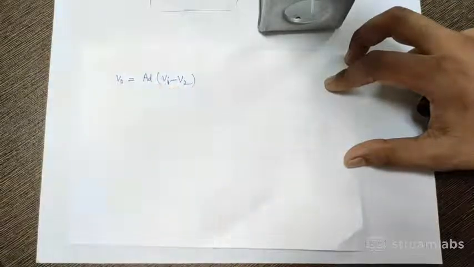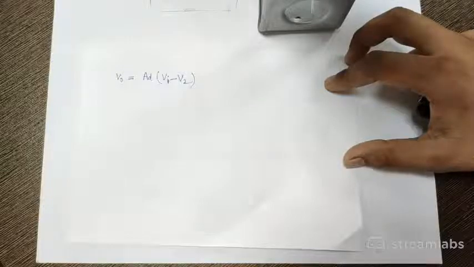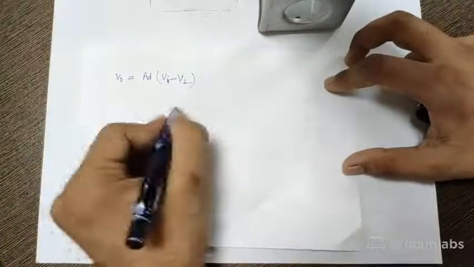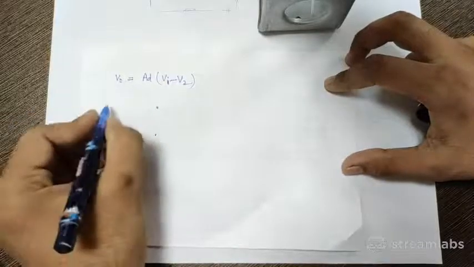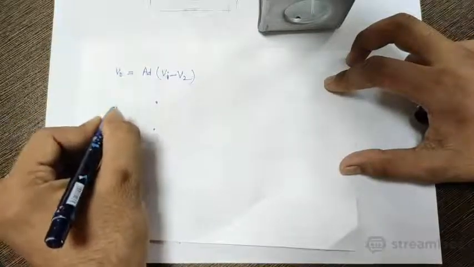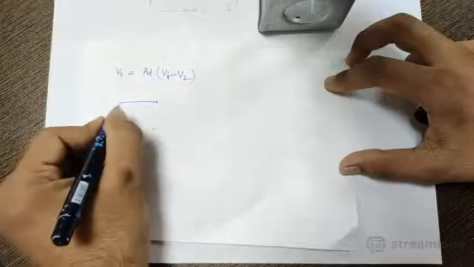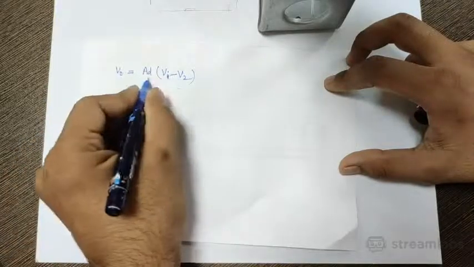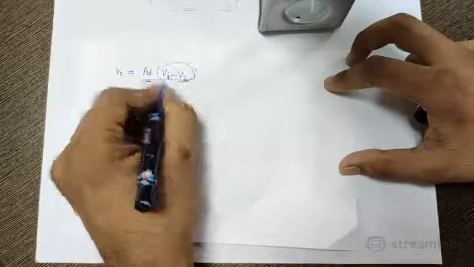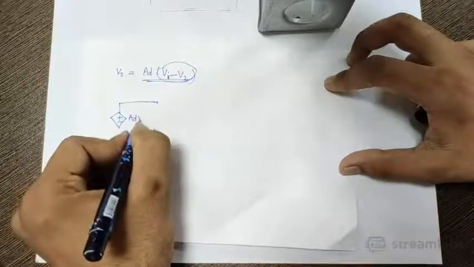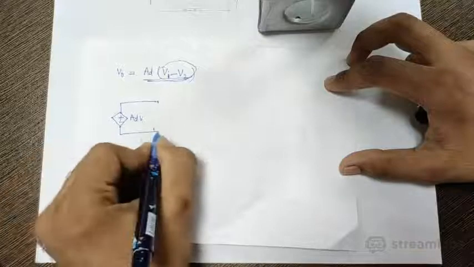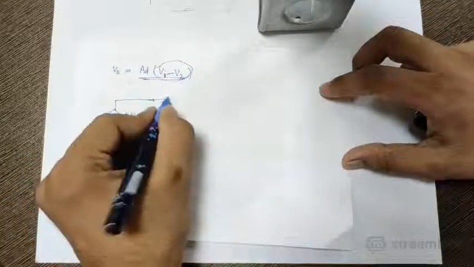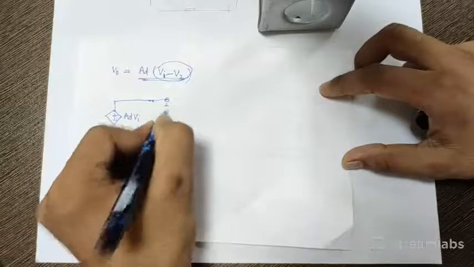In this case, the equivalent circuit can be drawn as, here is a voltage, and here is a voltage source. This is a voltage source, because this is input voltage. So AD into VI. This is a voltage dependent voltage source.